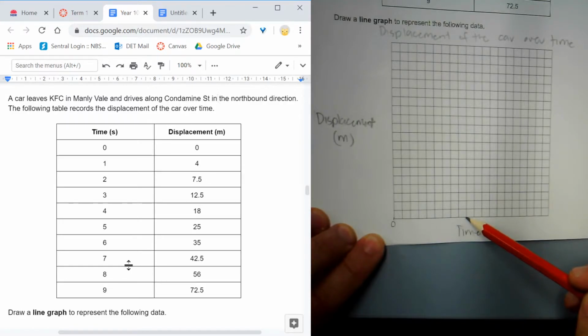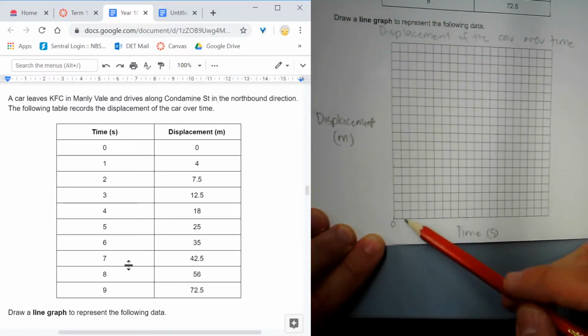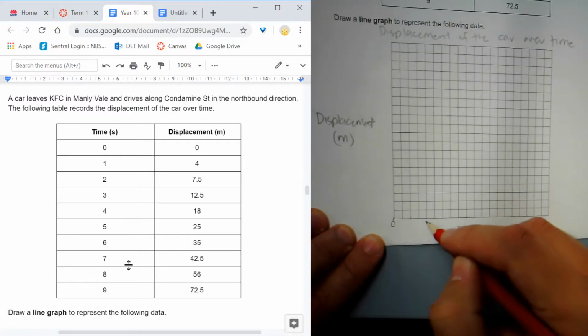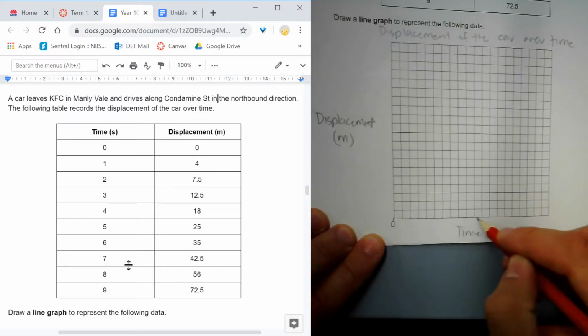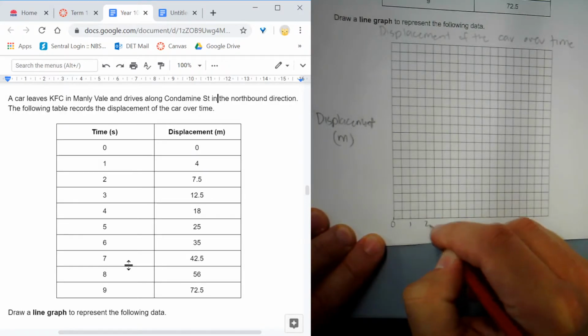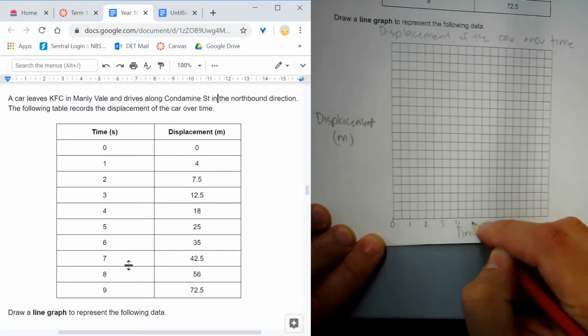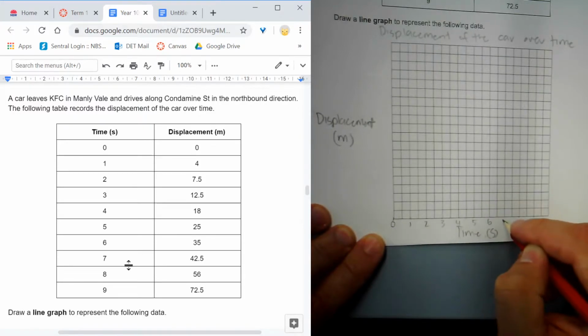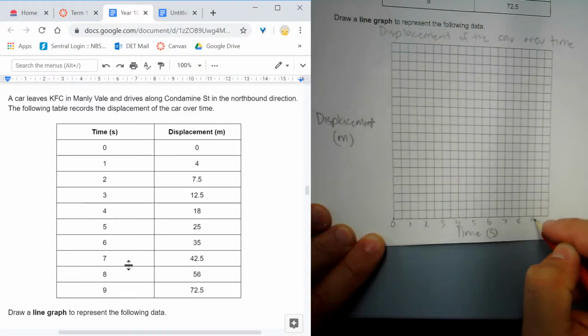So let's see what happens if I go up in twos, rather every second square is 1. So 1, 2, 3, 4, 5, 6, 7, 8, 9, and I end up using a larger area of the graph. So let's put those in: 1, 2, 3, 4, 5, 6, 7, 8, 9.